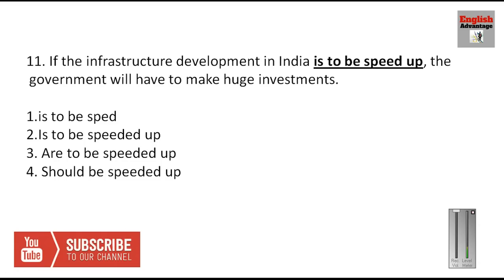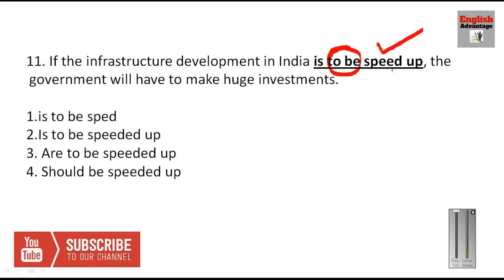Now let us look at sentence number 11. If the infrastructure development in India is to be speed up, the government will have to make huge investment. This is true, but let us correct this sentence also. Just see this to be. This to be is a passive voice, and this is always followed by the third form of the verb.